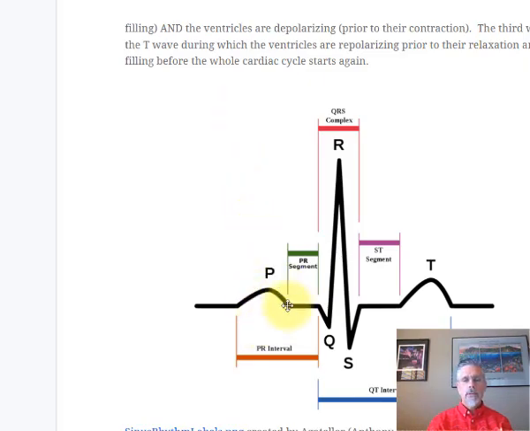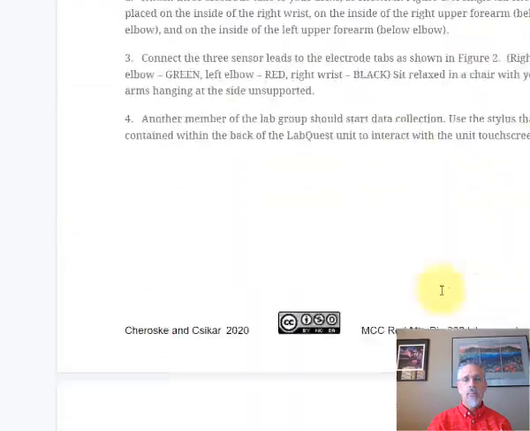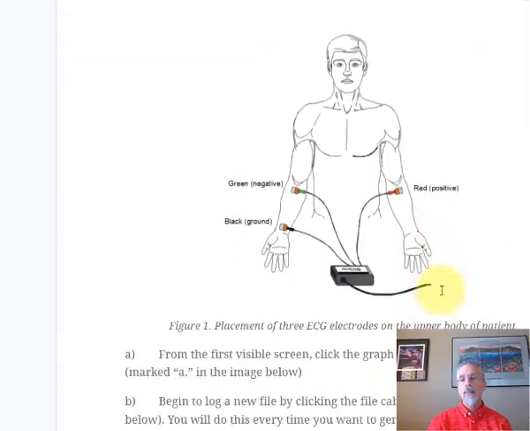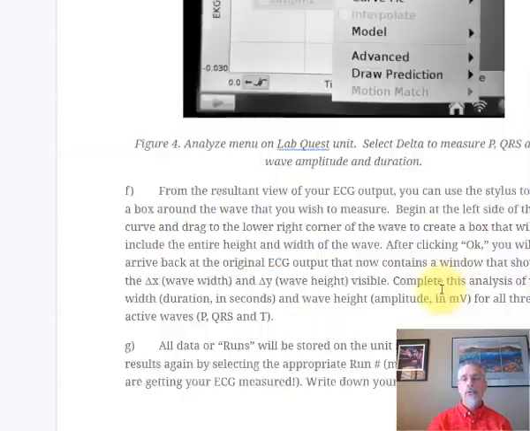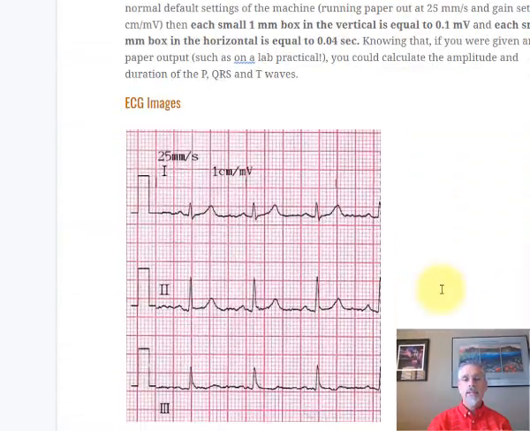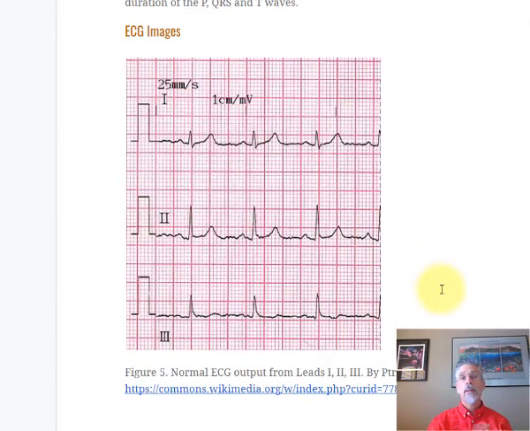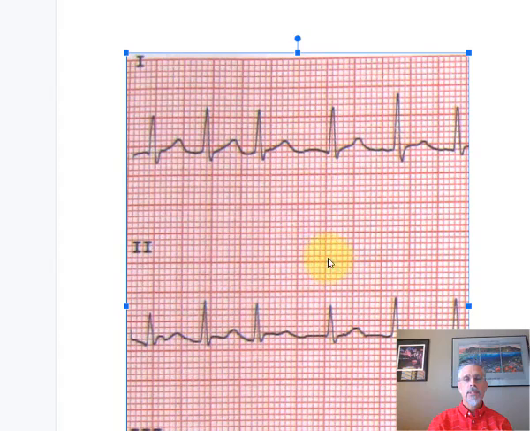Okay, so let's go down then and take a look at what we would do in terms of assessing it. You're not going to be measuring it directly, but you would be asked to look at the output of an ECG and be able to describe what you're seeing and measure the different waves. So here are some example ones. Repeating waves.